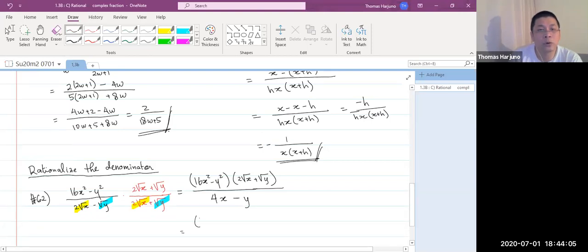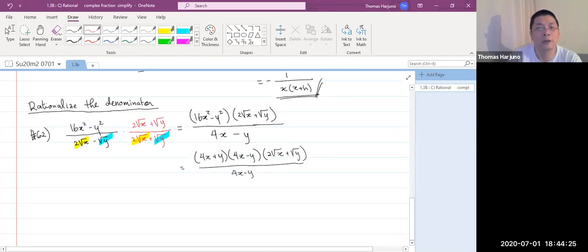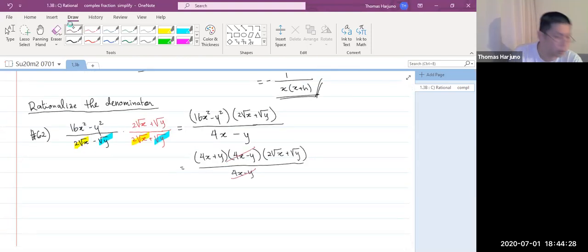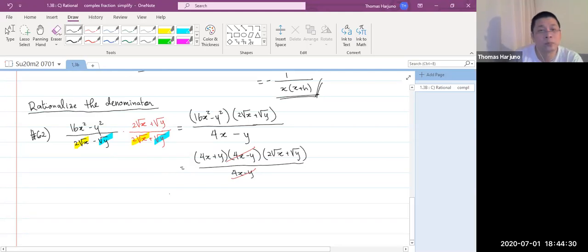That equals, on the top, 4x plus y, 4x minus y, 2 radical x plus radical y, big over 4x minus y, cancel 4x minus y. So as our final answer, we get 4x plus y, 2 radical x plus radical y.